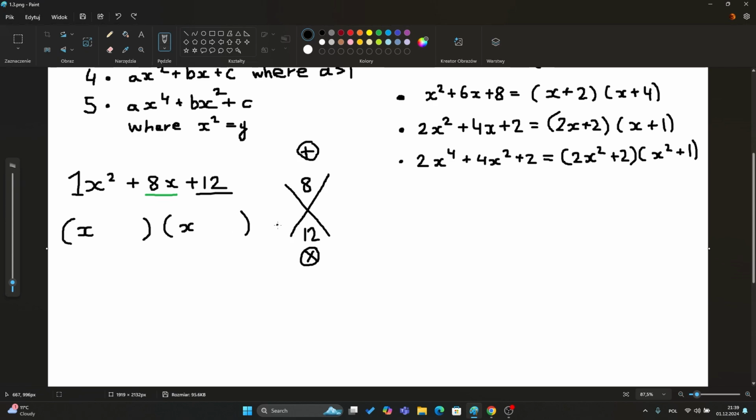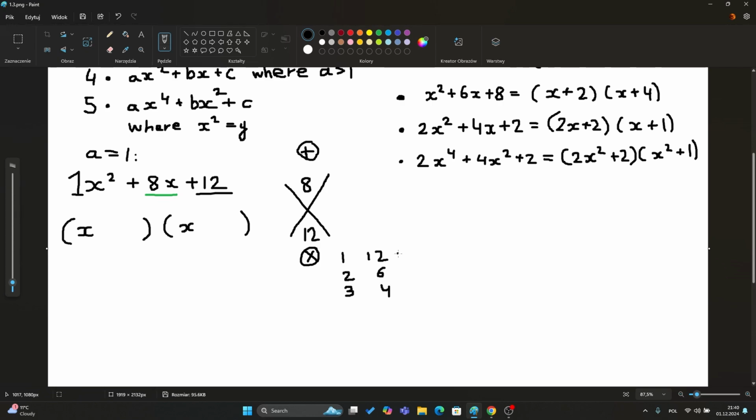So basically, I'll show you my method of how I do it. When you have 1x squared, so a equals 1, you can find two numbers that add to get 8 and multiply to get 12. And we do that by writing all factors of the multiple. So 1 and 12, 2 and 6, 3 and 4, and I think that's all of them.